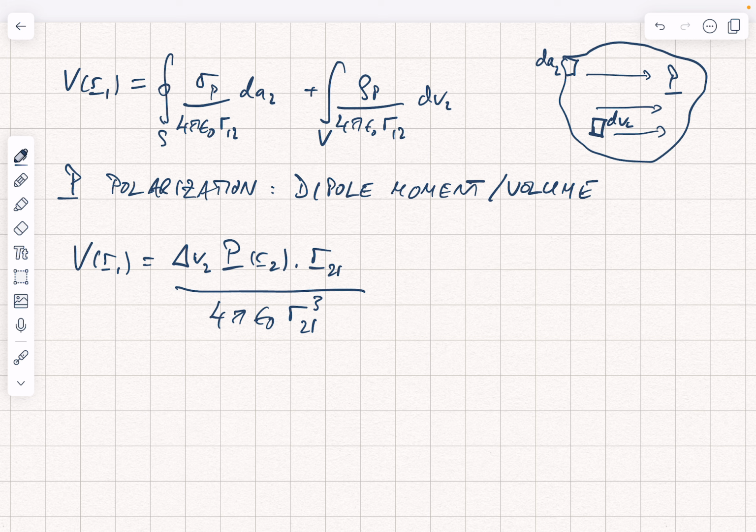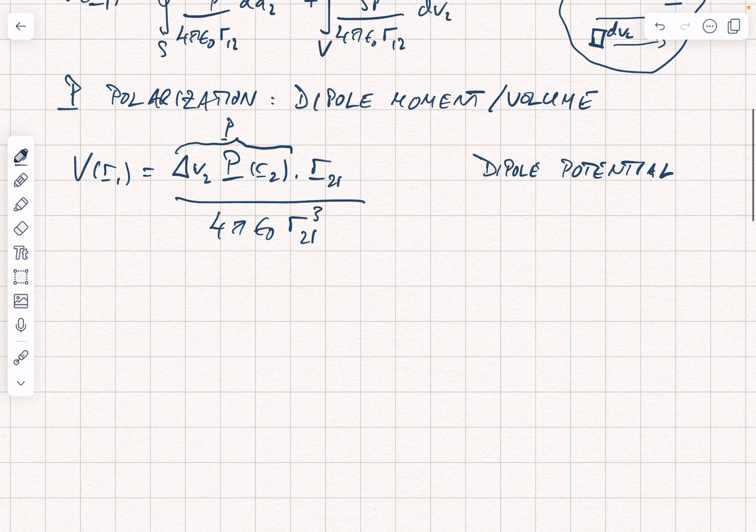So this is just the simple formula for the potential of a dipole. We have derived that in a previous video. And note that we have delta V times capital P, that's effectively the dipole moment of this little piece of material. So let's just write that as the dipole moment, a little p. Of course, we're now going to integrate over the entire material.